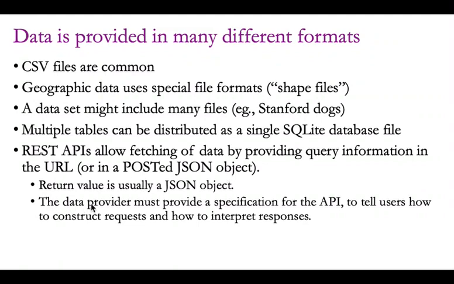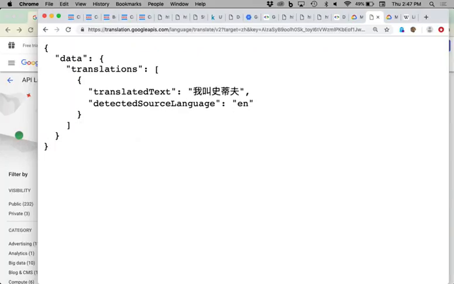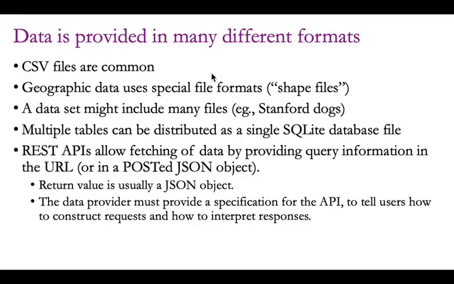With the data API, the data provider has to give you some kind of a specification for the API, like what are the different URLs you can use, what parts of the URL do you change to vary your request, and also how should you interpret the responses? What do those responses look like? For example, all those huge JSON objects we got back have a particular format, especially for those Google APIs.